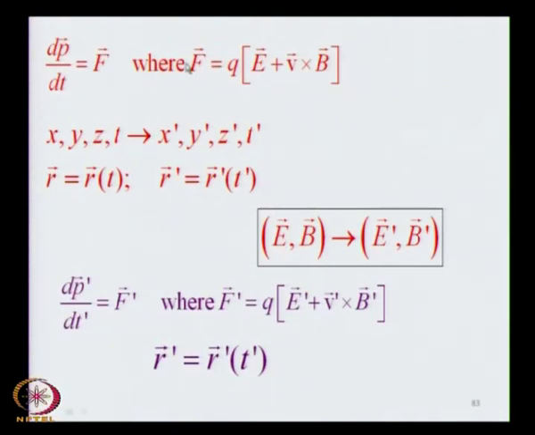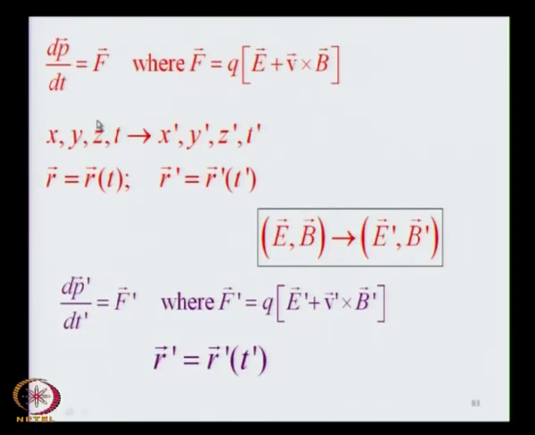So like I mentioned in the previous class, as a result of Lorentz transformations, x, y, z and t, which is time for the observer in the unprimed frame of reference, must transform to x prime, y prime, z prime, t prime, and these transformations are essentially the Lorentz transformations that we are talking about, not Galilean, and therefore t prime is different from t.